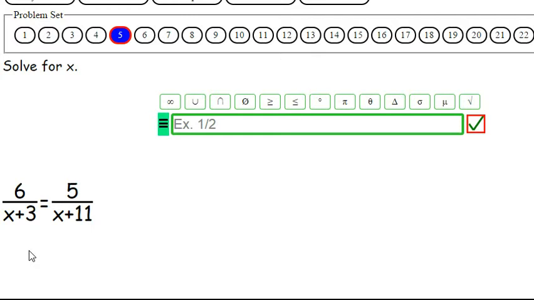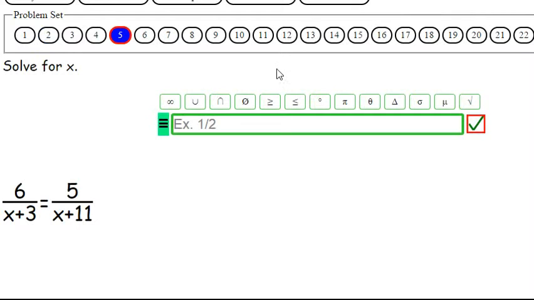Okay, so we got 6 over x plus 3 is equal to 5 over x plus 11. Right. So 6 over, this looks like the same kind of problem. What's going on here? What's the story?